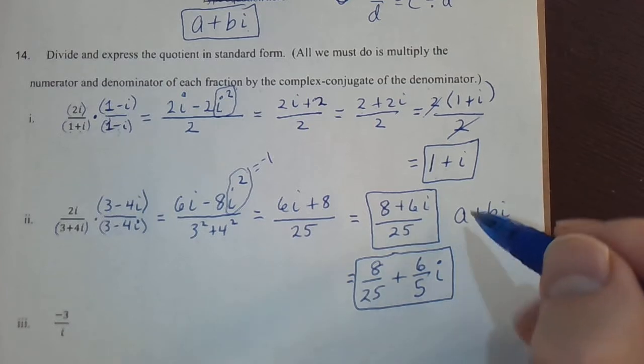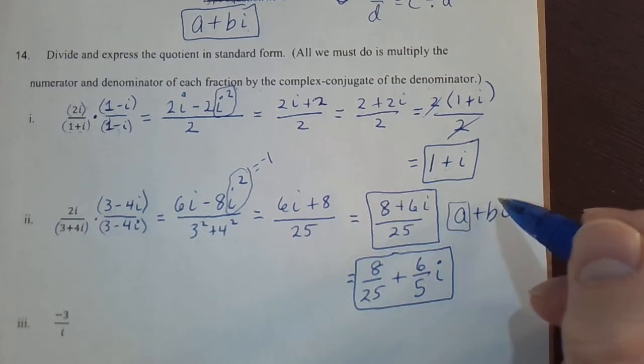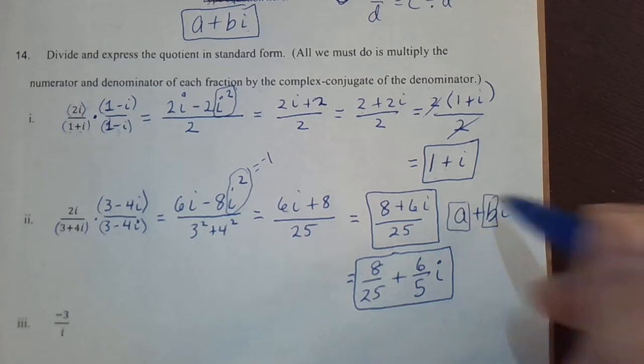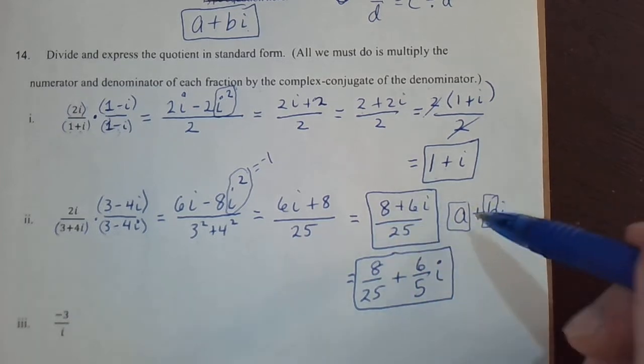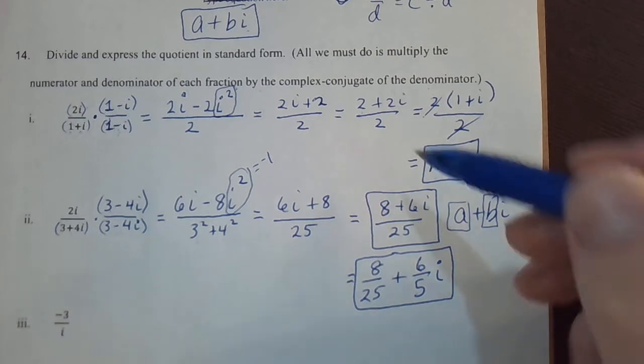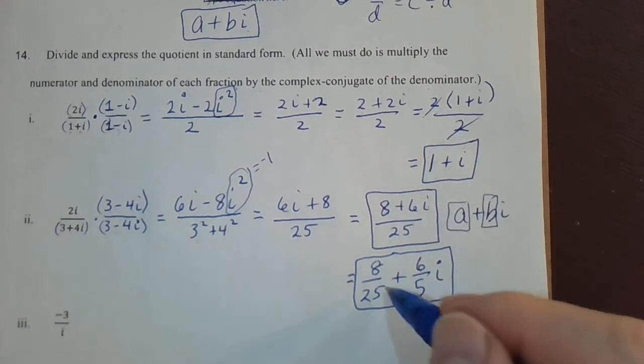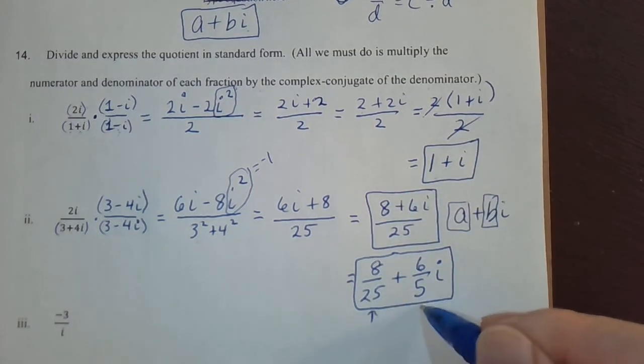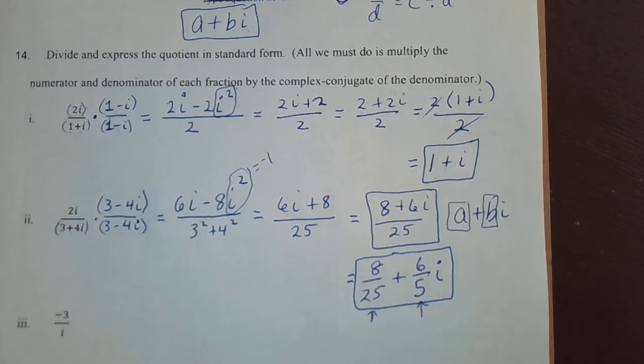But you need to know, if I ask you what the real part is and what the imaginary part is from this, you need to know that a is not 8 and b is not 6. It's 8 over 25. Here's the real part, and 6 over 25 is the imaginary part.